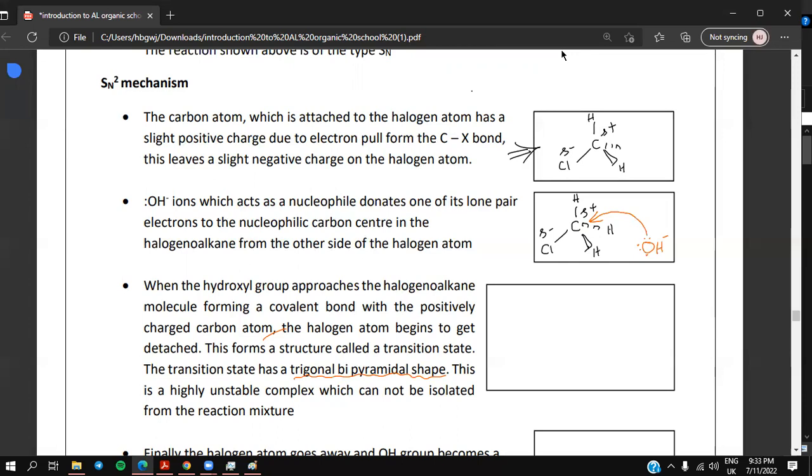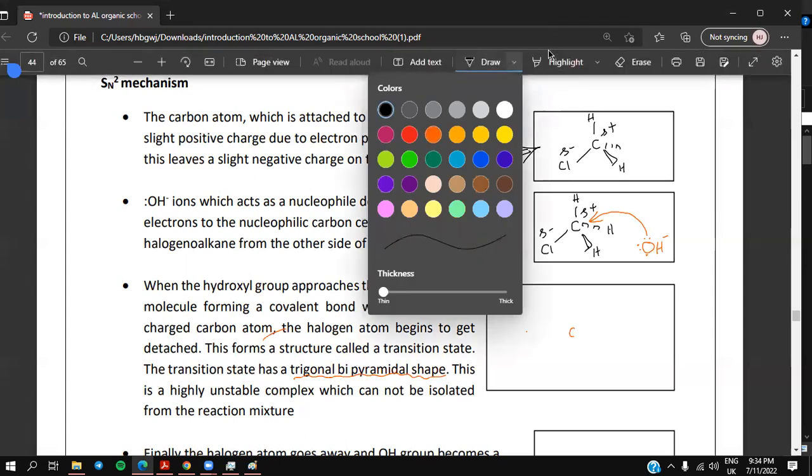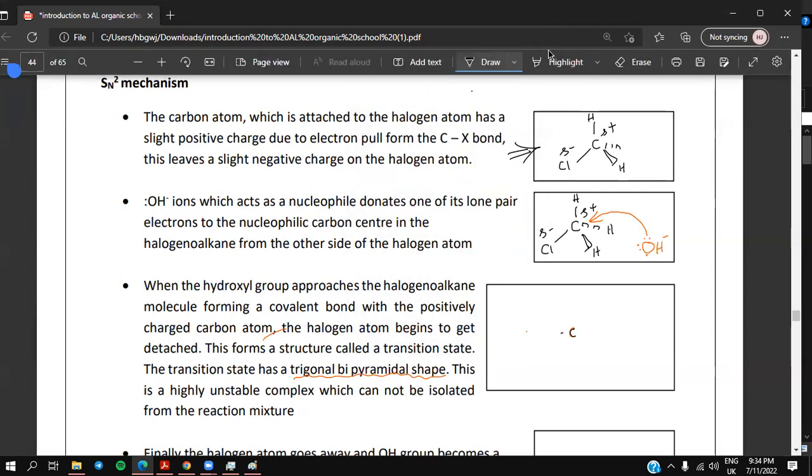So you can show the breaking of the carbon-chlorine bond using a dotted line, Cl, and the formation of a bond between carbon and oxygen on the right-hand side.